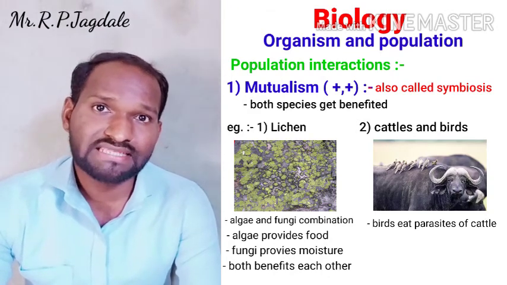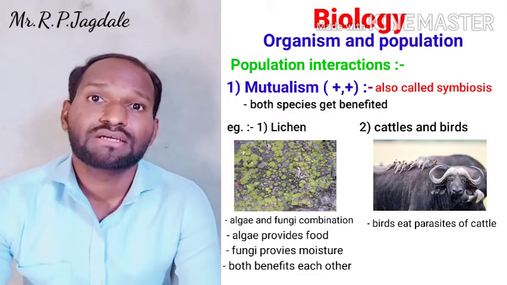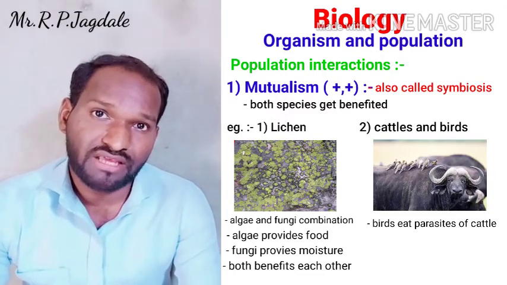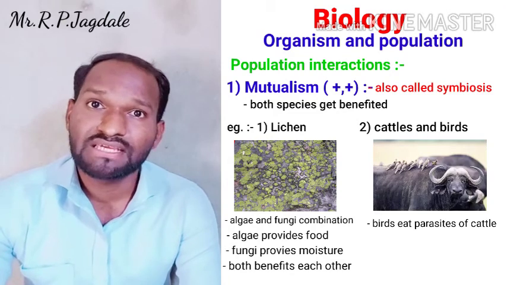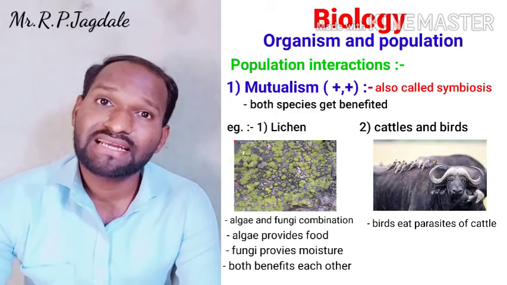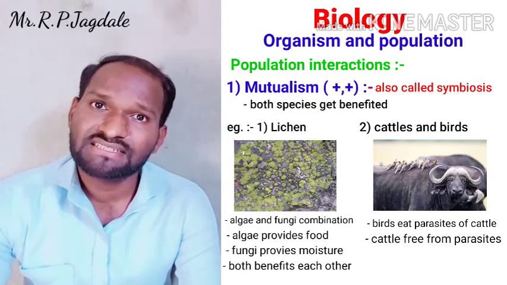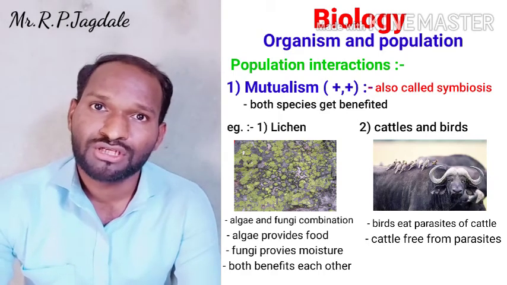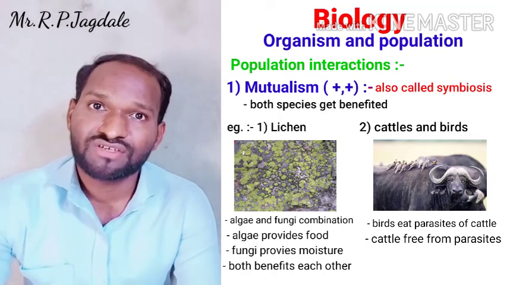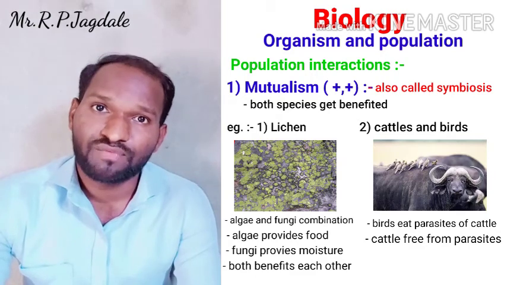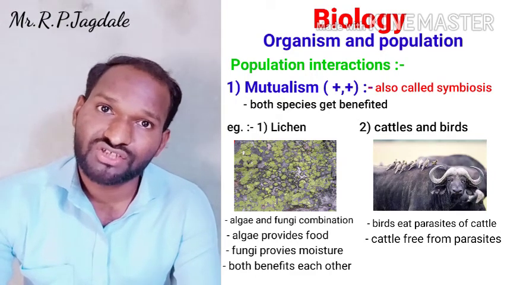So how is this mutualism? The small birds get their food from the back of the cattle, and the cattle is benefited because the parasites get removed from their body. So both are benefited from each other.